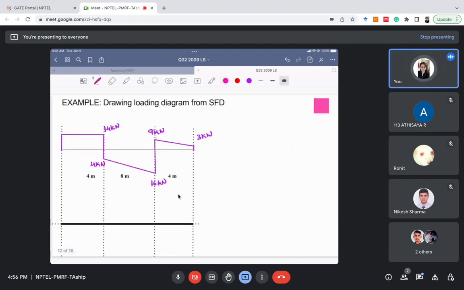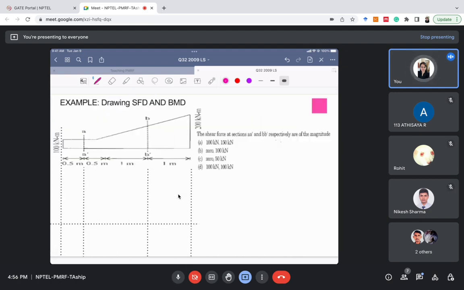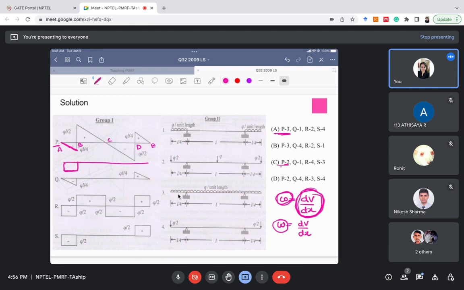But in our problem, the shear force diagram is negative and constant. Negative and constant means the loading should be negative and constant. Negative and constant loading for section AB is for the third option only.